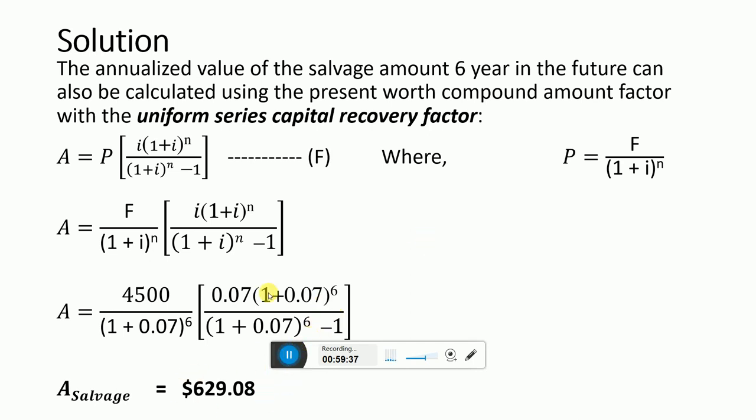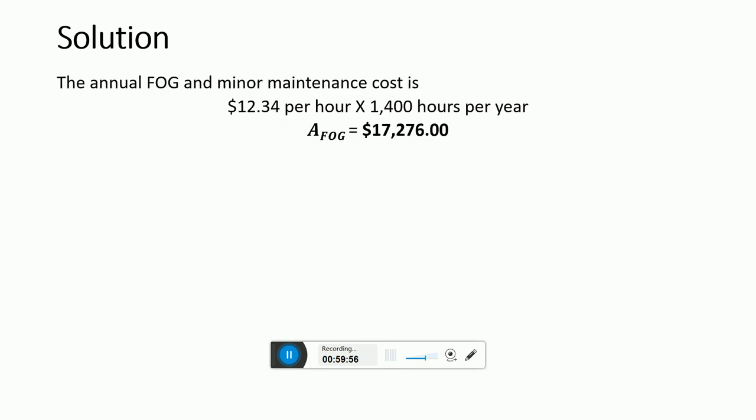So until now we have calculated the annualized ownership cost and annualized salvage value. Now let's consider the annualized fuel consumption, fuel, operating gas and minor maintenance, etc. The annual FOG and the minor maintenance cost is $12.34 per hour, which is also stated in the question, and we use 1400 hours per year.